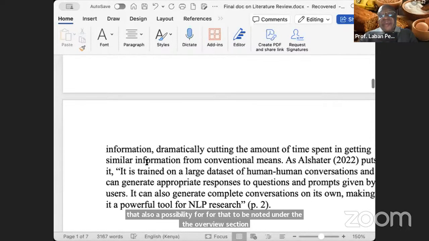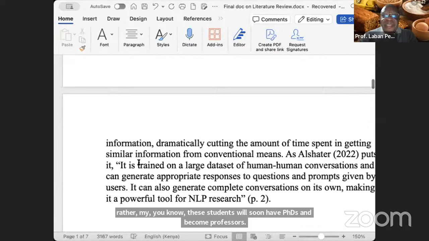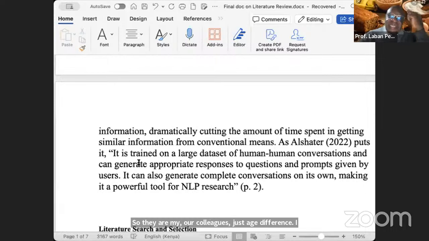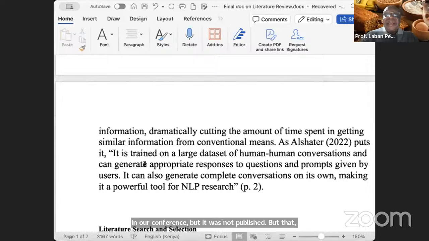Yeah, I would like that. And I would like my students, or rather these students will soon have PhDs and become professors. So they are our colleagues, just age difference. I would like them to begin to argue like researchers. If you get a paper written by Professor Wekesa in a conference, but it was not published, but that paper carries information that supports what you want to give in your research, then you should indicate that.